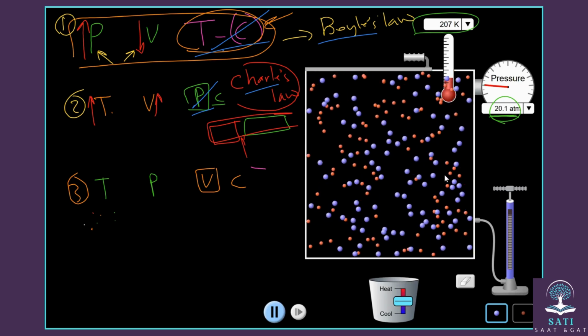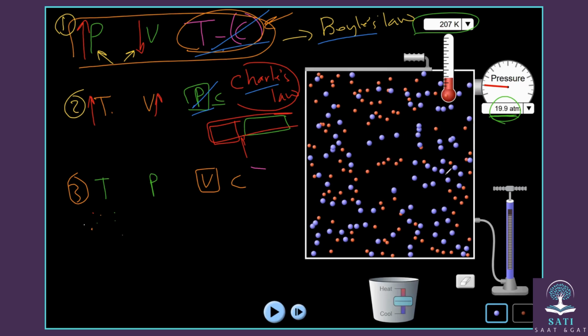What happens exactly is, when we increase the heat here, that means we are giving these particles energy. Heat is a type of energy, and it is transferred as thermal energy from a hot body into a cold body.